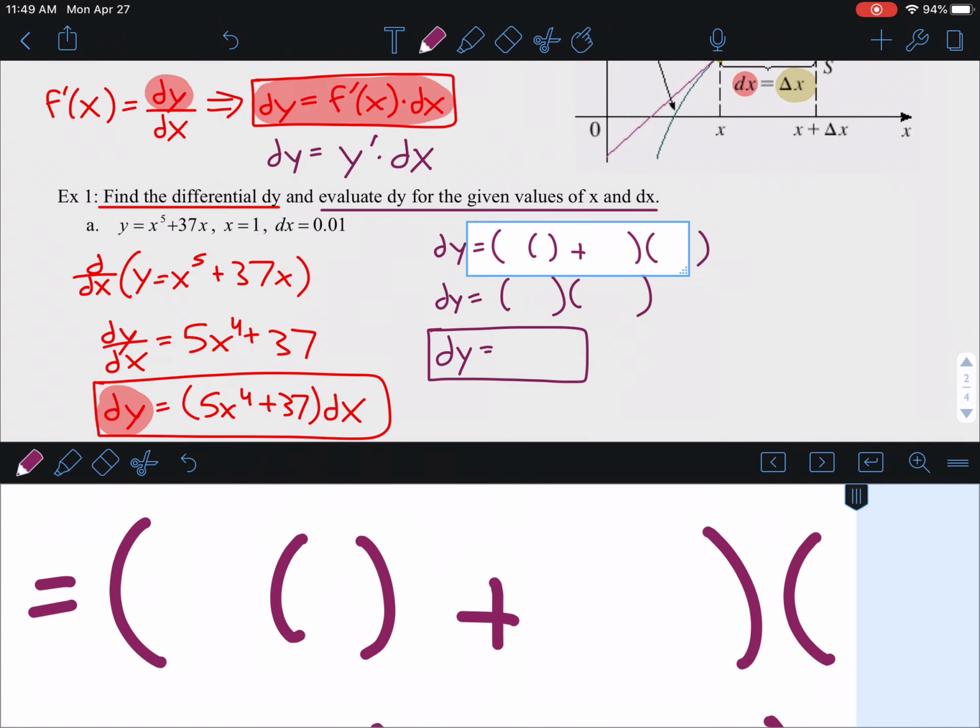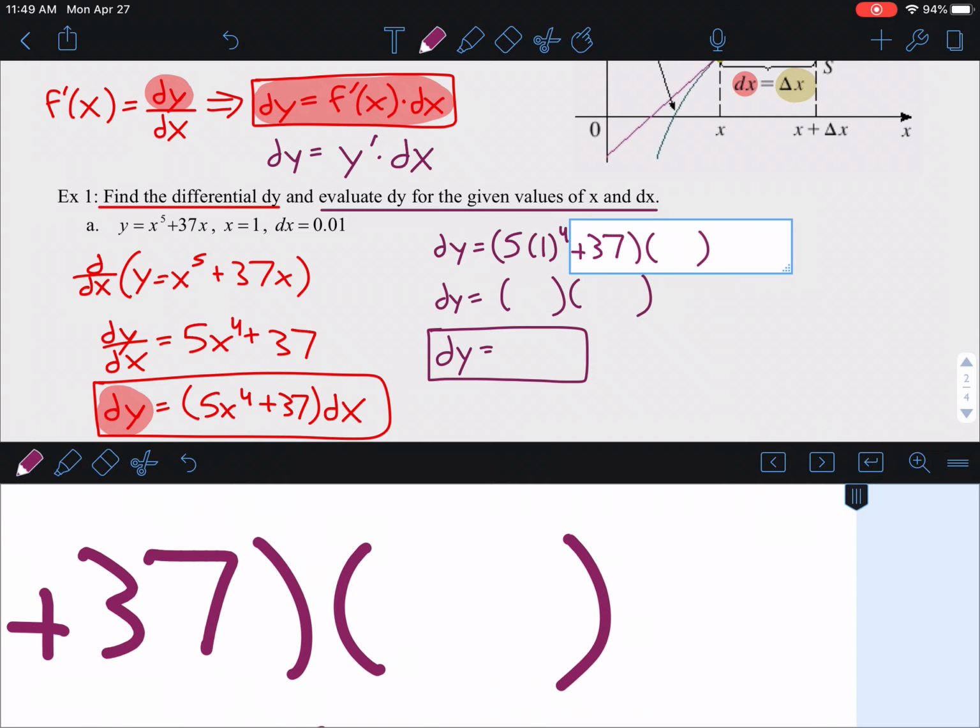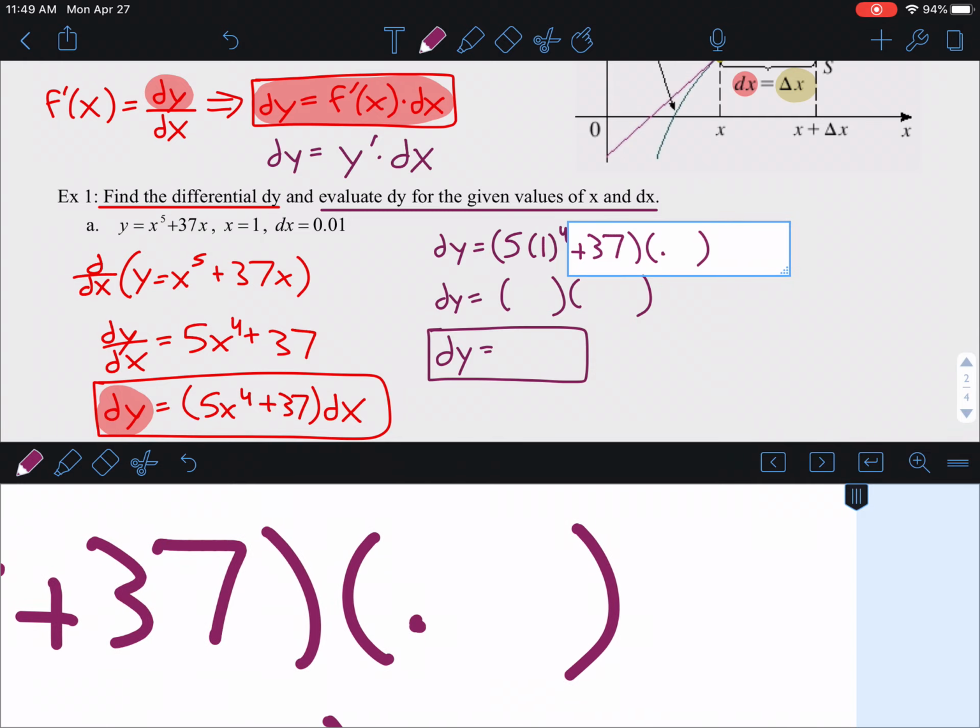So dy is going to be 5 times 1 to the fourth plus 37 times the change in the x values, which is 0.01.